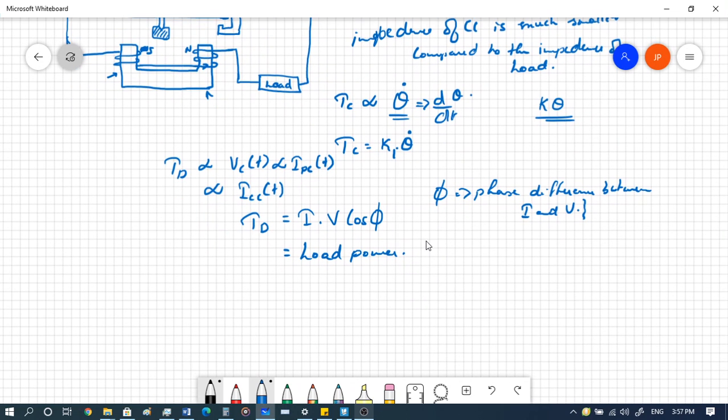or we can write TD is basically proportional to K2 into the power, and TC can be written as proportional to K1 into theta dot, right?